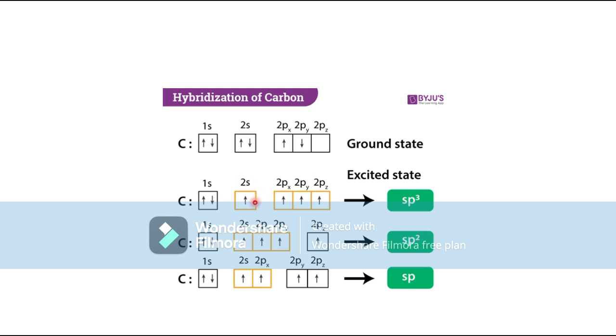At the excited state, an electron goes under excitation, and one of the electrons from the 2s orbital will occupy the unoccupied 2pz orbital, which makes the orbitals blend, and this is responsible for sp3. The 3 p orbitals together with the s orbital give sp3.